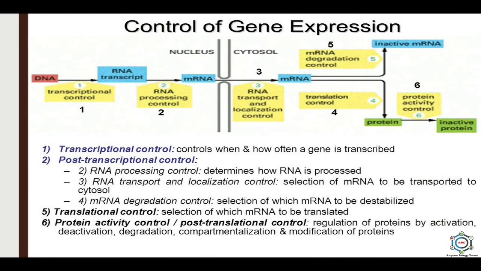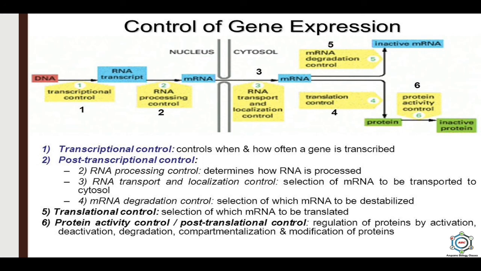Now, the control of gene expression. Transcriptional control controls when and how often a gene is transcribed. Next is post-transcriptional control. RNA processing control determines how RNA is processed. RNA transport and localization control is the selection of the mRNA to be transported to the cytosol.